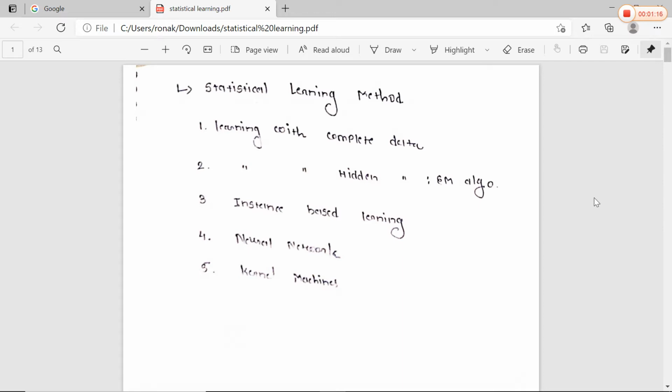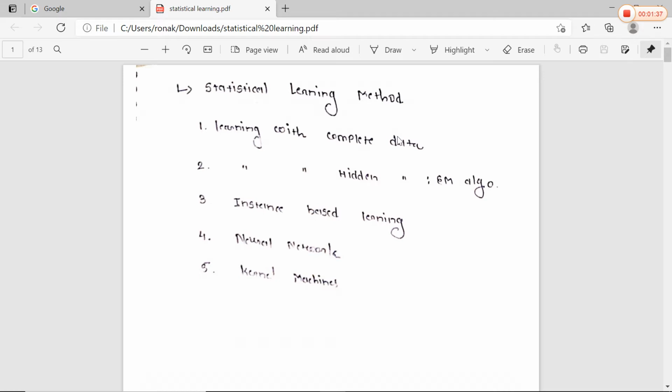So here we will discuss the statistical learning method. The statistical learning method is used to identify probability from uncertain reasoning or uncertain knowledge. In this topic, we will discuss learning with complete data.